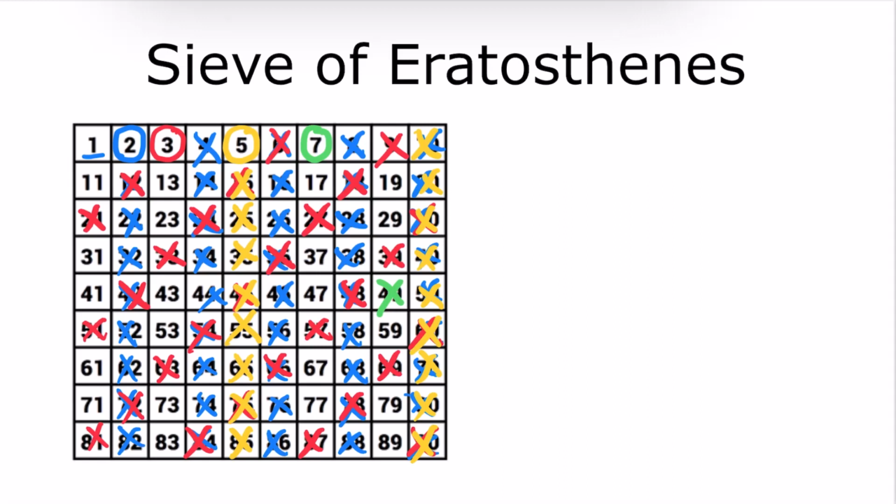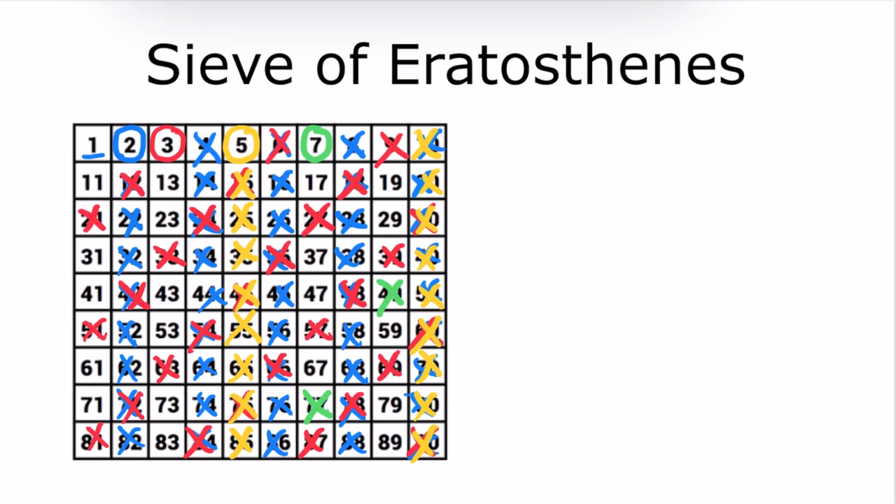So all of those are already crossed off, but 7 times 11 is not crossed off yet because 11 is not divisible by any of the numbers that I've already checked. And so I'll cross off 77, and then 7 times 12 is 84, but that one's already crossed off because that's a multiple of 2. And then there are no other multiples of 7 that are on this list.